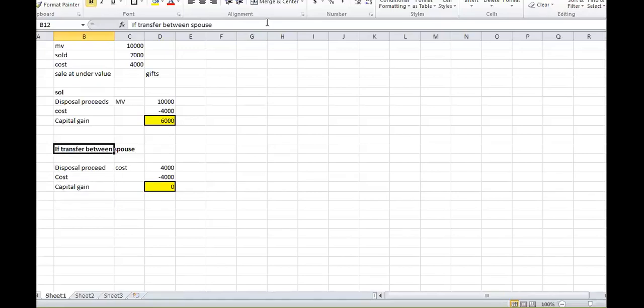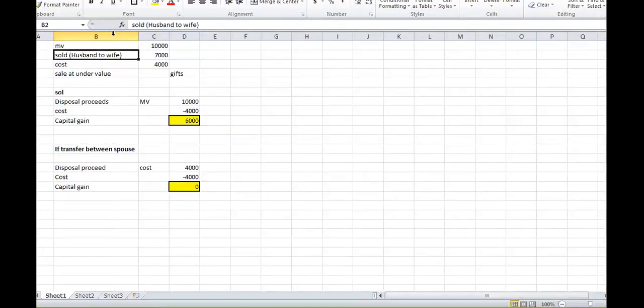Say this transaction is from husband to wife. The husband had sold the asset to wife.